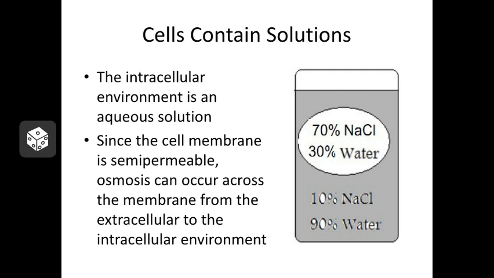In this case, we have more water outside than inside, so this is going to be your hypertonic environment, and the extracellular will be the hypotonic environment. Water moves from hypo towards hyper, so in this case, water is going to try and flood through that membrane and fill up that cell. If the situation were reversed, the water would leave, the cell would get dehydrated, because the hypertonic solution outside would pull that water out.